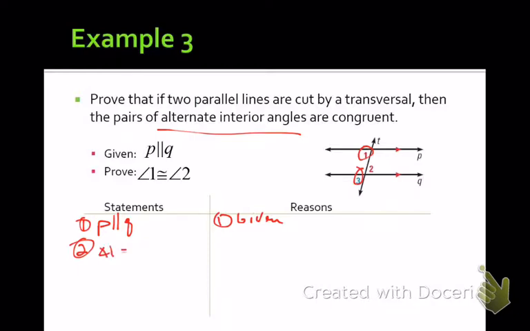The reason I know that is the corresponding angles postulate. I can't use alternate interior angles, but I can use corresponding angles. It's a postulate, but the other ones are theorems.